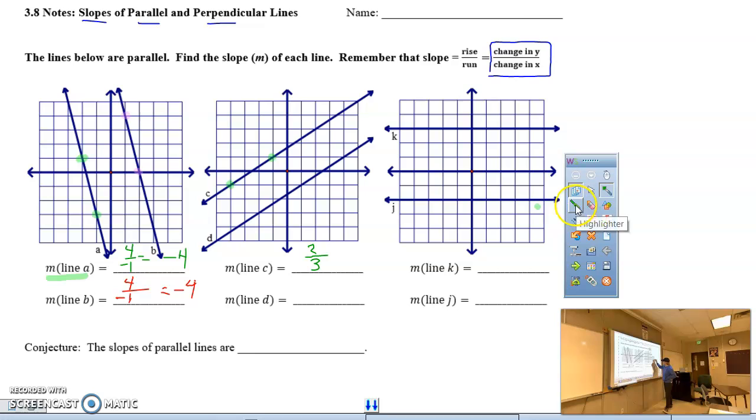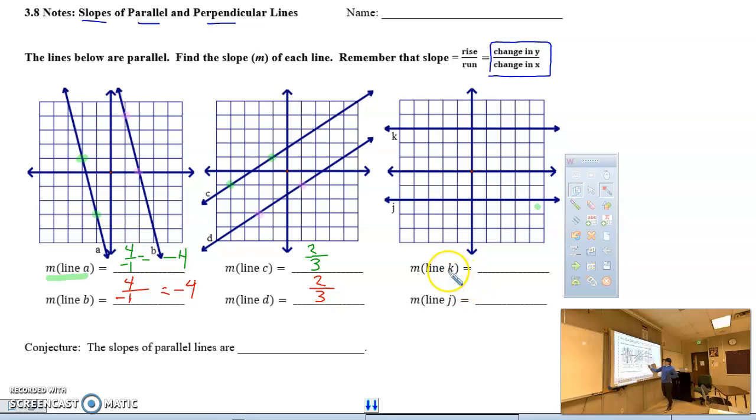On line D, easy points look good there and here. From the lower one, again, I go up 2 and then right 3. Rise over run. Those have exactly the same slopes as well.